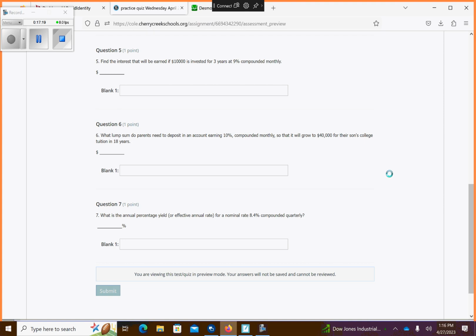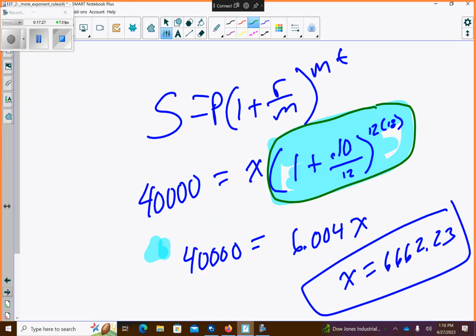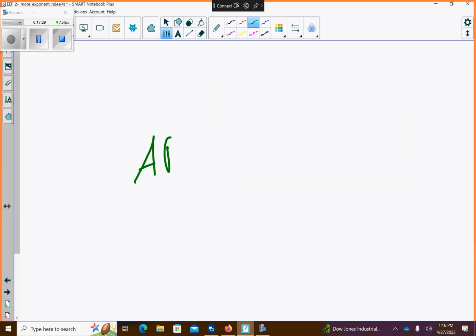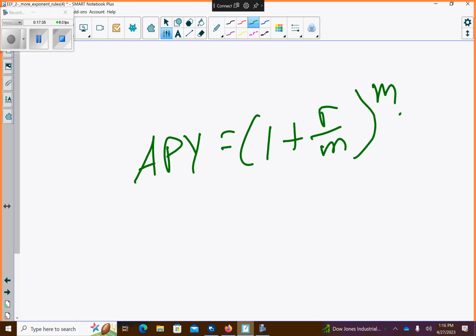Okay, so what you're going to use on this one is APY equals 1 plus R over M raised to the M minus 1. So this one, what is the annual percentage yield compounded quarterly?